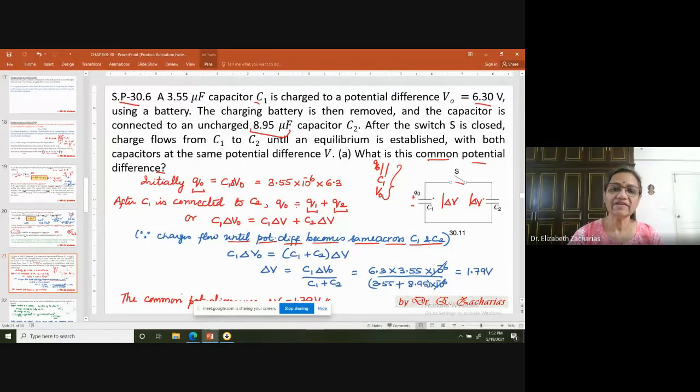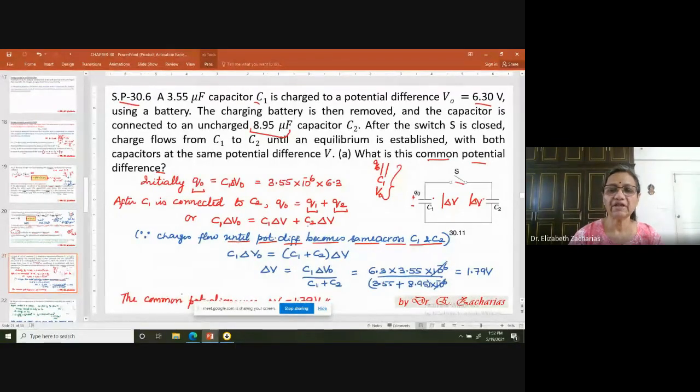Now let us write Q0, Q1 and Q2 in terms of capacitance and delta V. Initially, Q0 is C1 into delta V0. Q1 can be written as C1 into delta V, because delta V is the final potential.